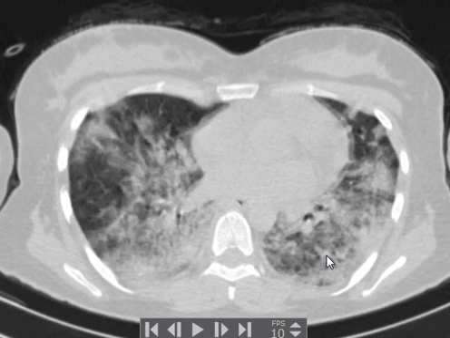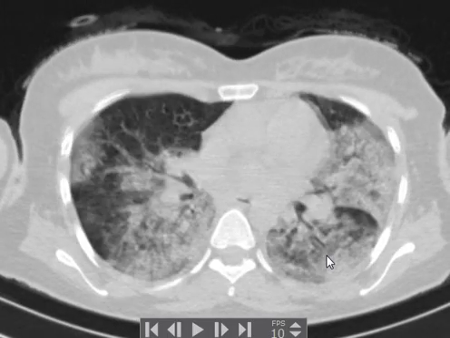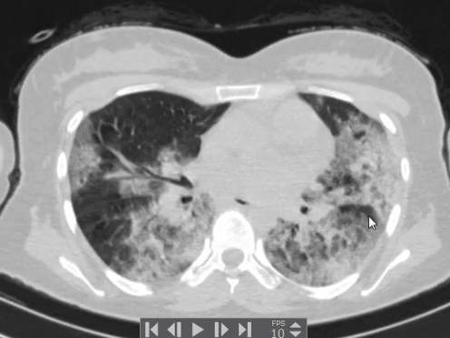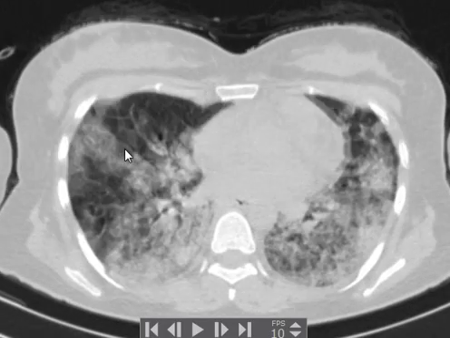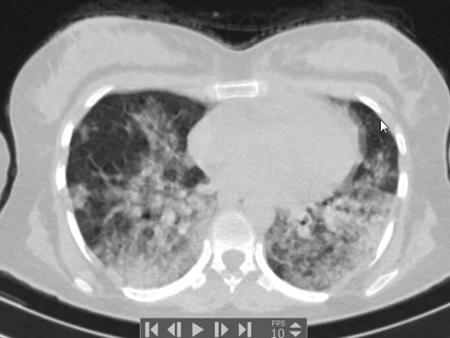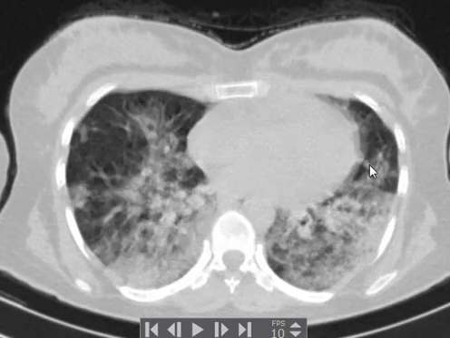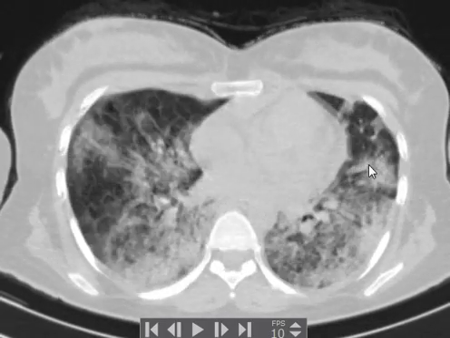Also, you can notice that the lobes that are most severely affected are the lower lobes bilaterally. You can see that the upper lobe and the middle lobe on the right side, for example, and even the lingular part of the left upper lobe, are relatively not severely involved.